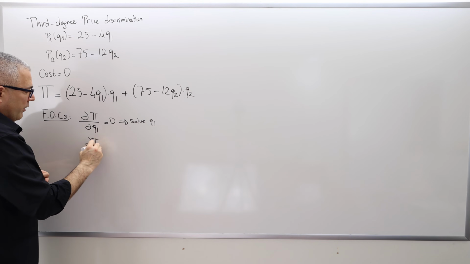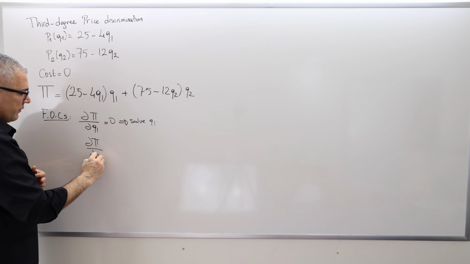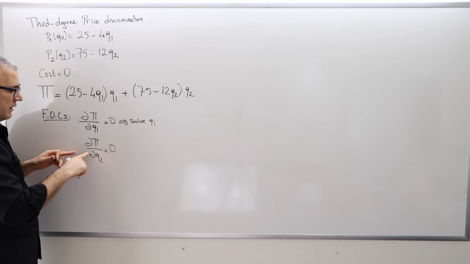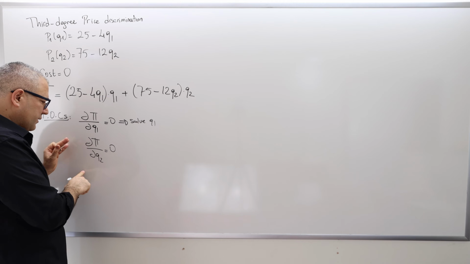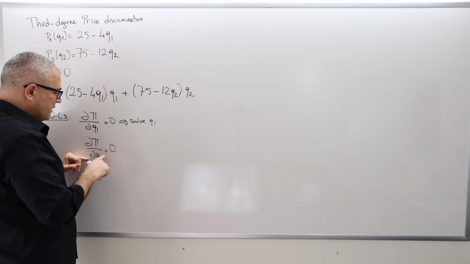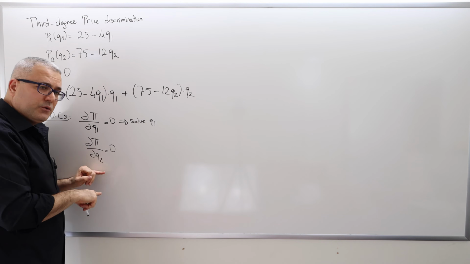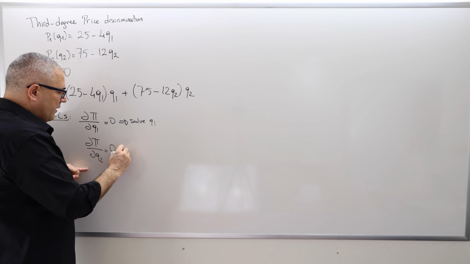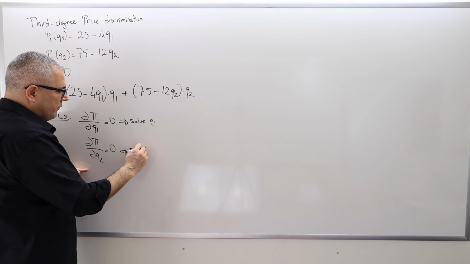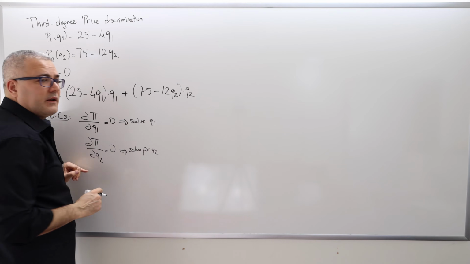Then we also maximize with respect to the second quantity. So take the derivative with respect to Q2, set it equal to 0, and this time solve for quantity 2. That's it.